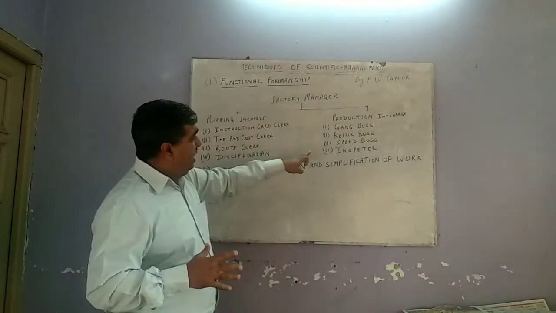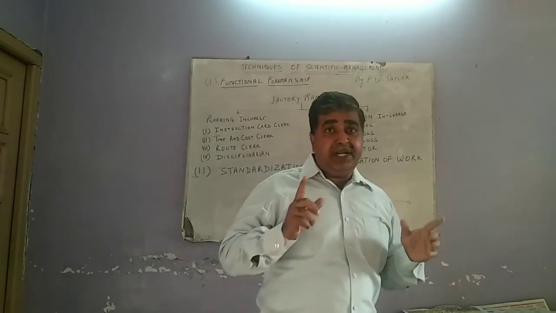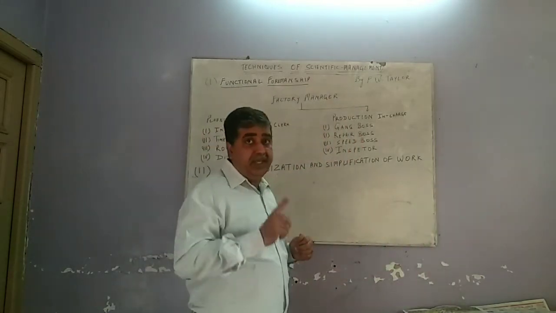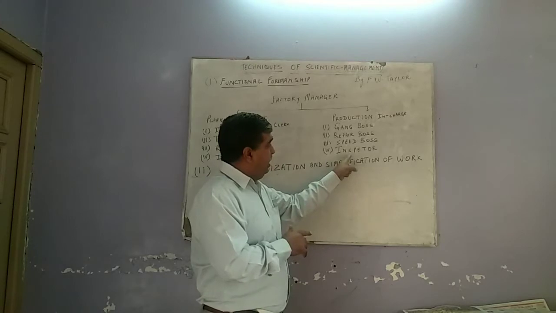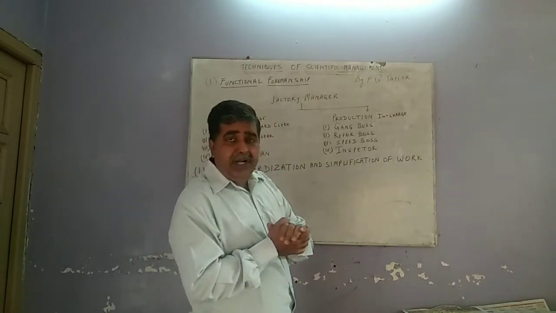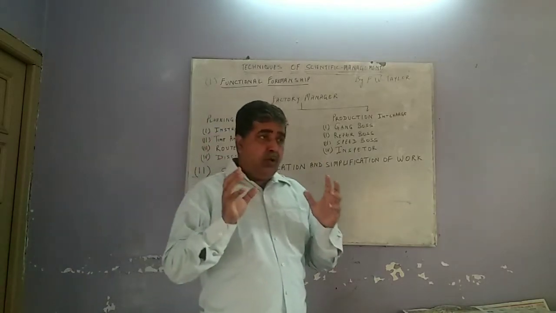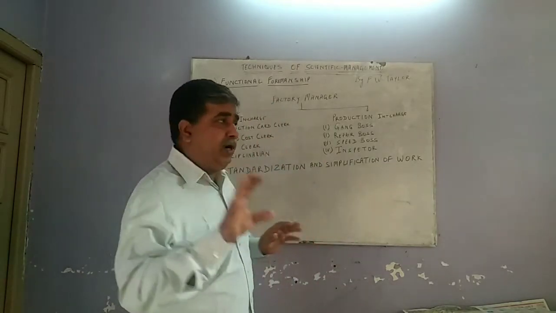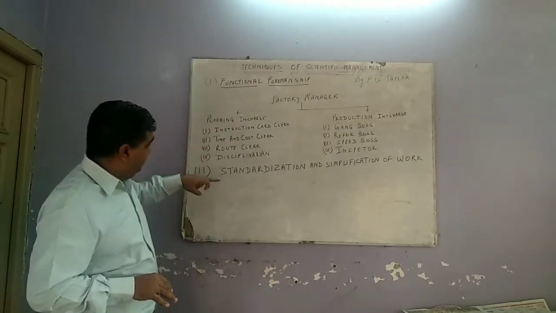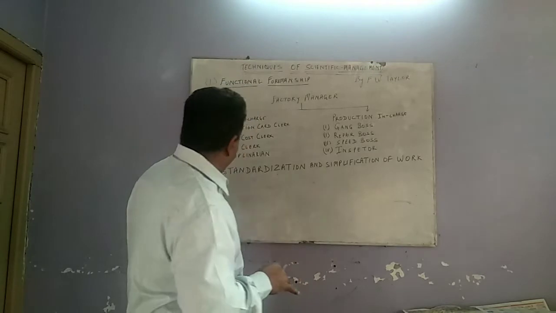And inspectors, they will inspect the quality. The important thing is quality of the product as well as the quantity. They will inspect that we are producing good quality and good quantity of the products. And this was the first technique of scientific management.